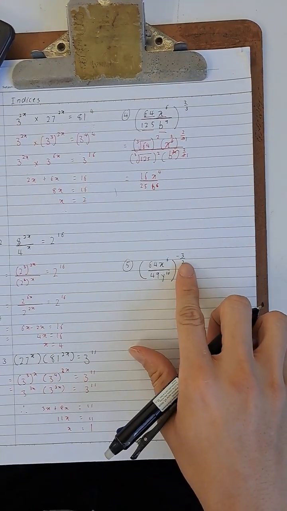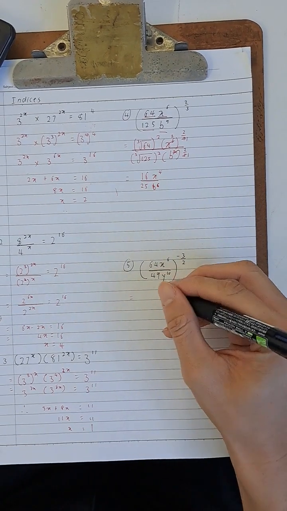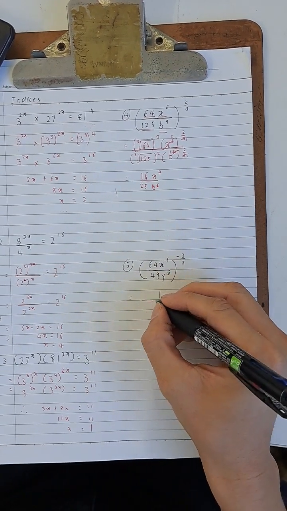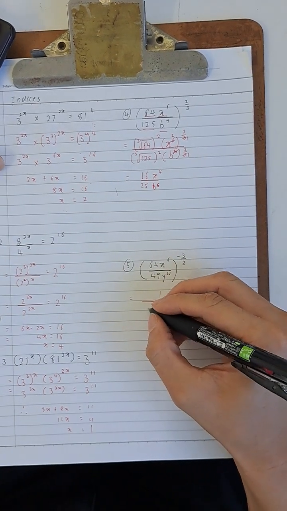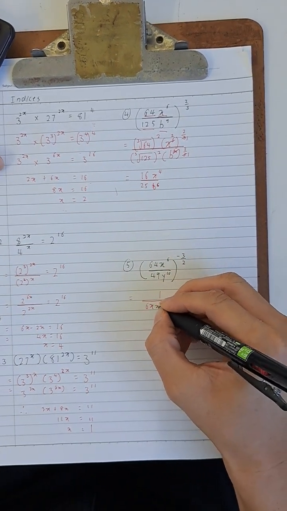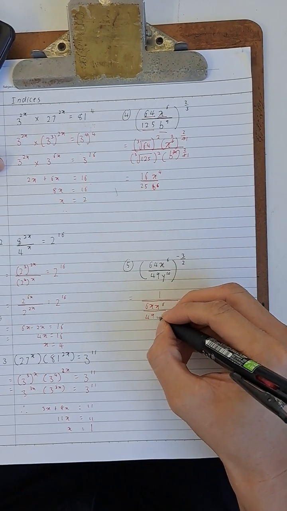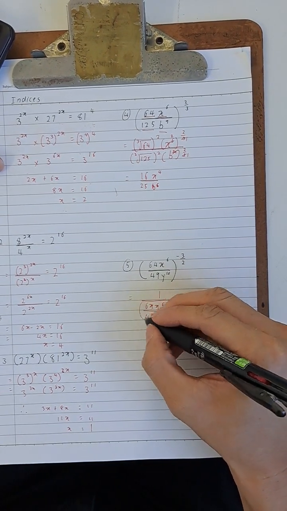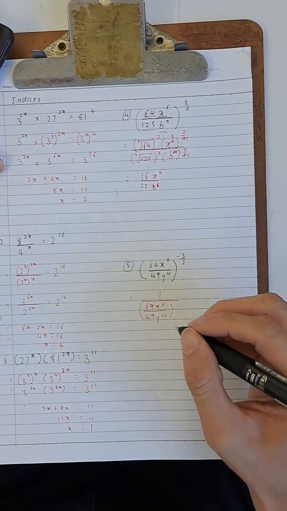Now when you see there's a negative sign, don't be worried. You can always change this into a fraction. So you're gonna write 1 over this whole thing over here. So 64 x to the power of 6 over 49 y to the power of 10. Okay?